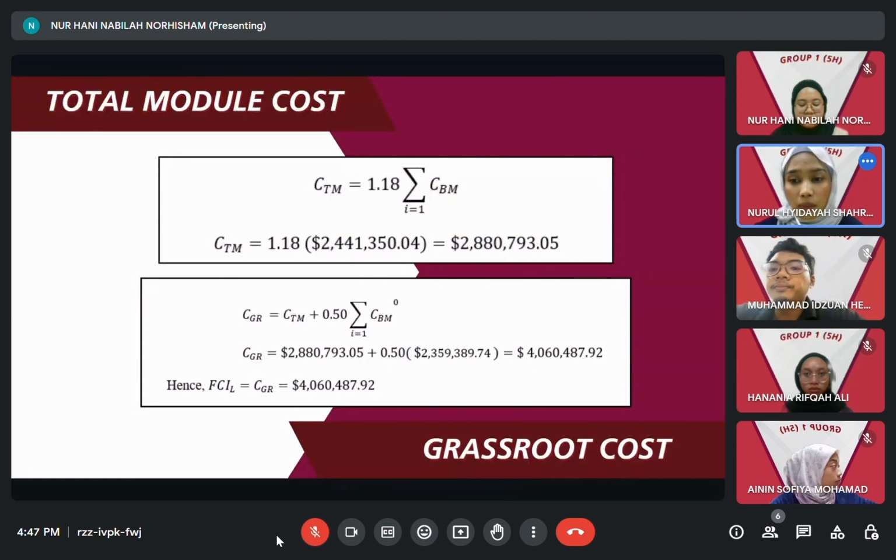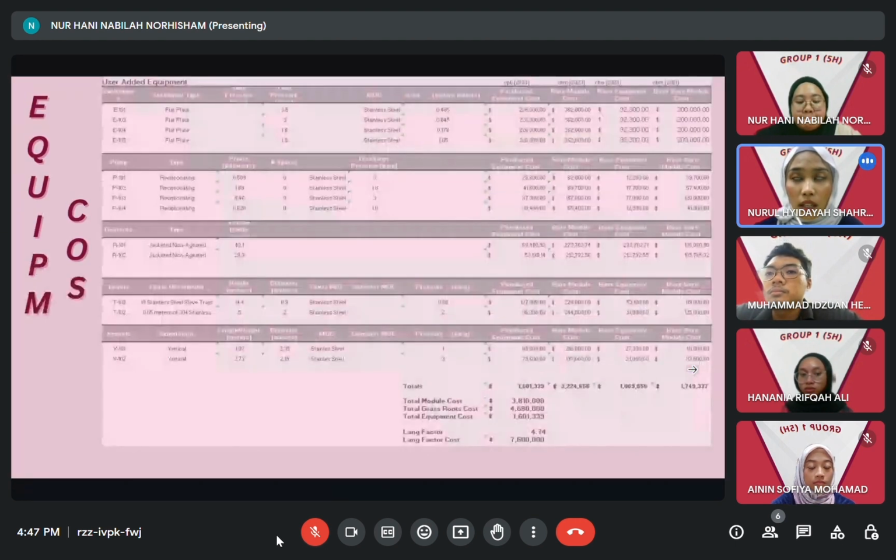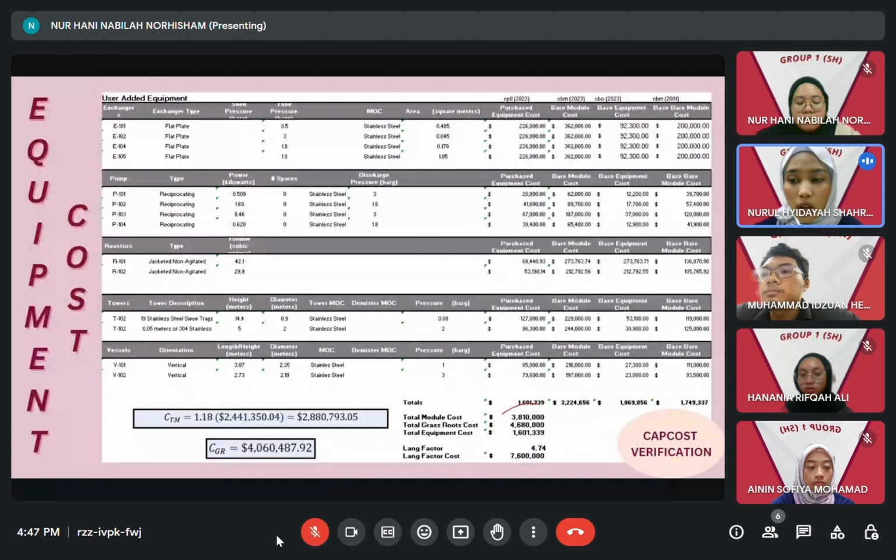Then we verify our calculation with the CAPCOST, as shown in this slide. It shows that the CAPCOST value for the total module cost is about $3,810,000, and for the total grassroots cost is $4,680,000.